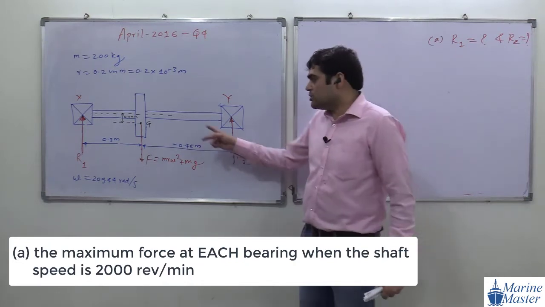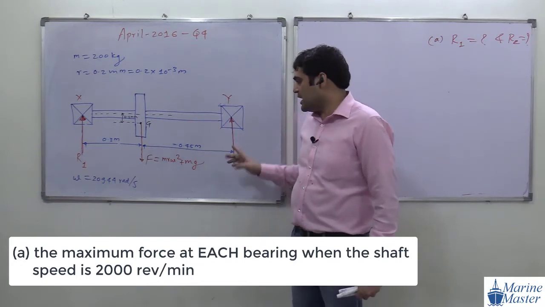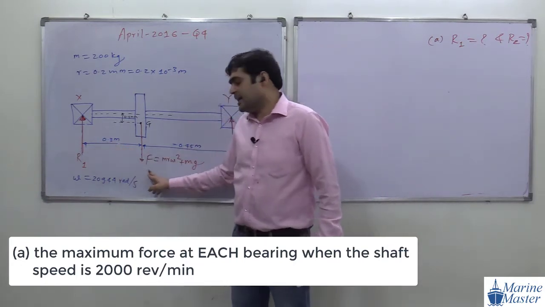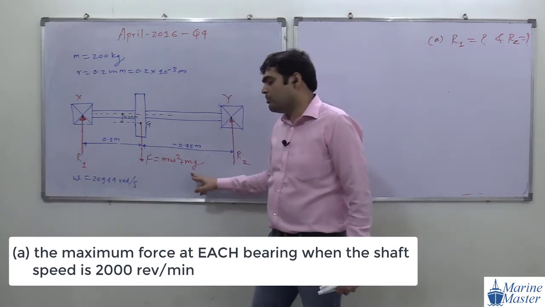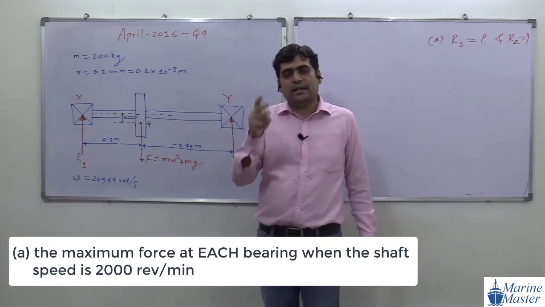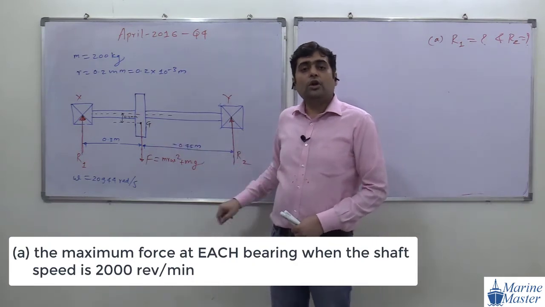Is there any force passing through the same point? There are three forces: first R1, second F, and F is the combination of m r omega square and mg, and third one is R2. So no forces are meeting each other. So this is non-concurrent.